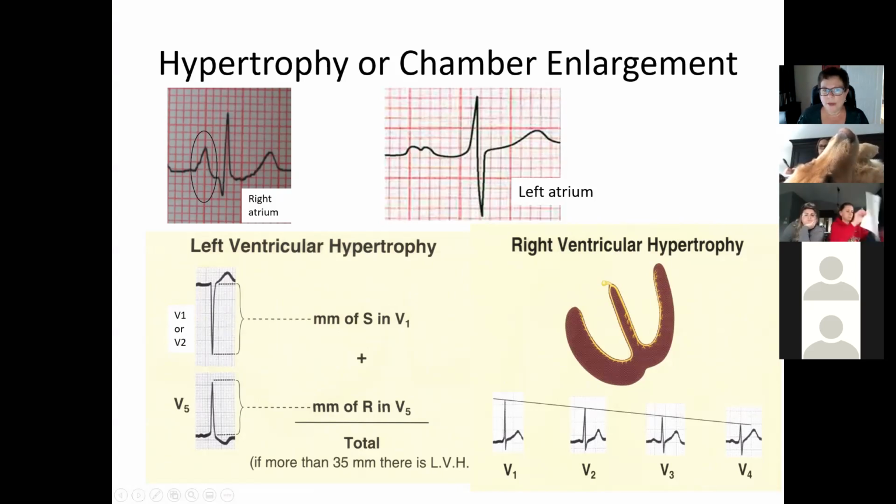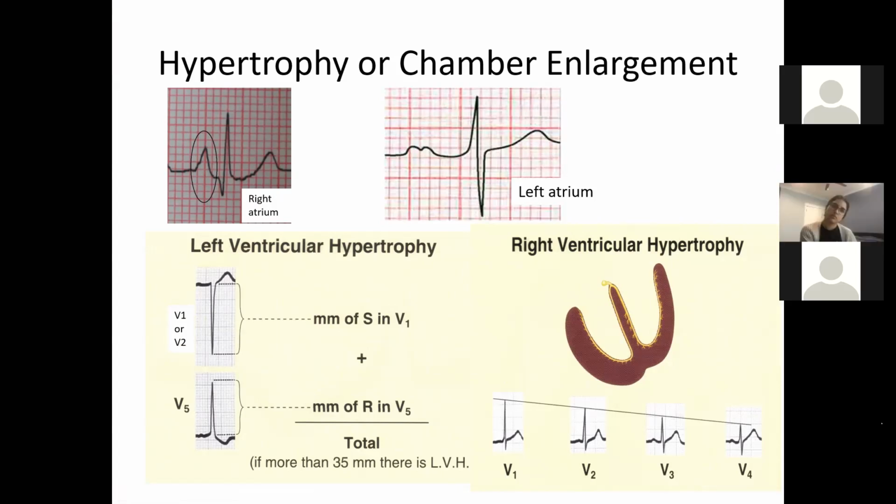When I look at my right atrium, I'm looking for what's called a peaked prominent P. I call it PPP, a peaked prominent P. Your P wave will be greater than 2.5 millimeters in height, and that will indicate right atrial enlargement. We don't usually call it atrial hypertrophy.